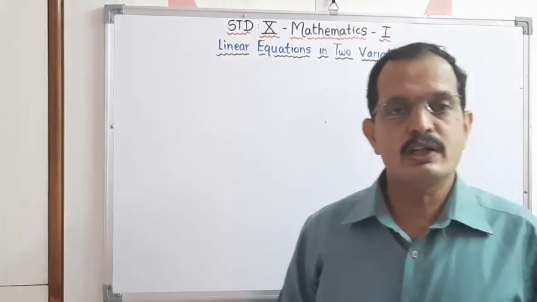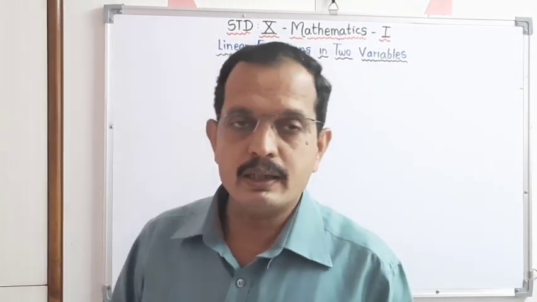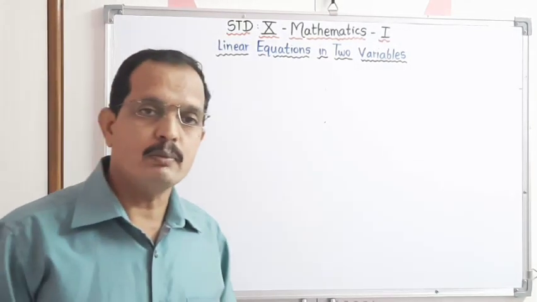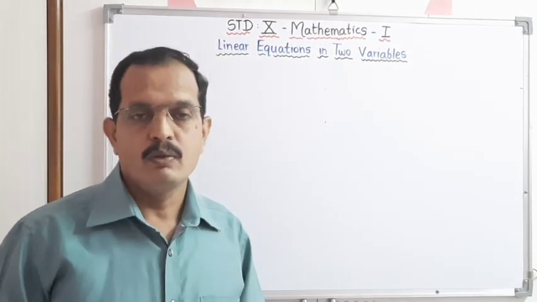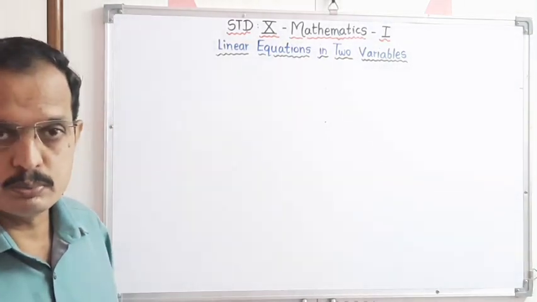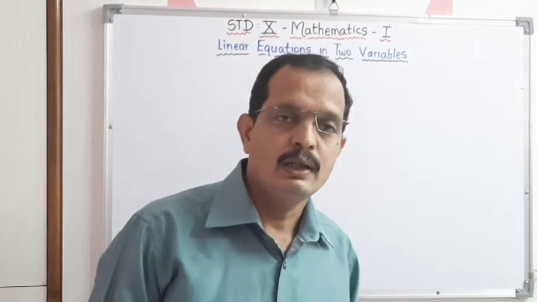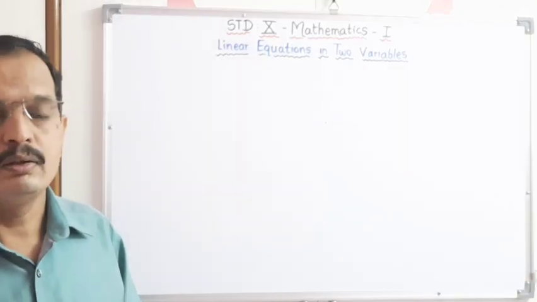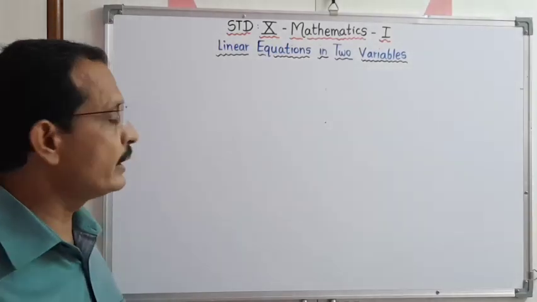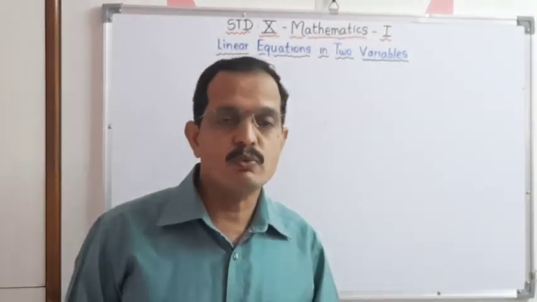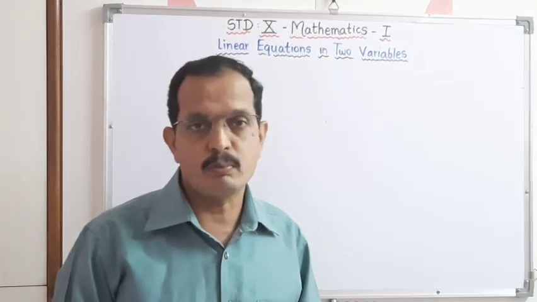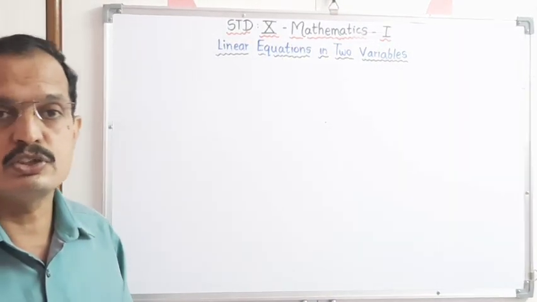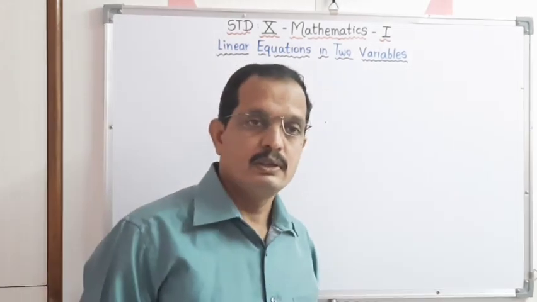For the smaller number, we assume the variable x, and for the greater number, we use the variable y. If we read the question, first of all we have to find out the meaning of that statement. If we find out the meaning, then it is very easy to frame the equations.